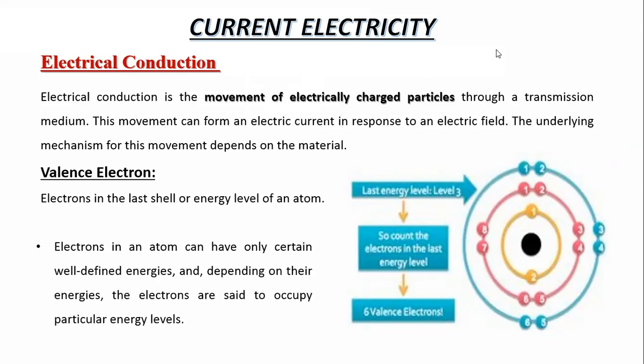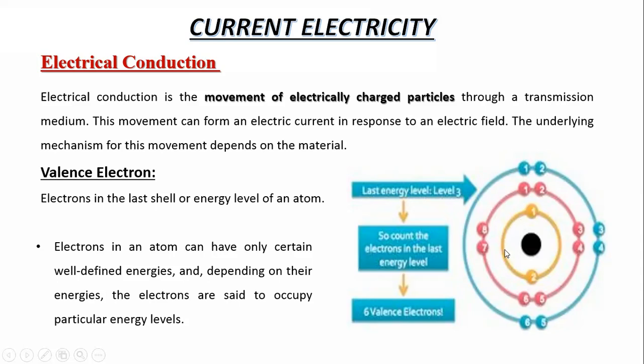Electrons in an atom can have only certain well-defined energies. This point was also discussed in the previous lecture. You have the first energy orbital in which we have 1 and 2 electrons. The energy level of these 2 electrons will be different from the electrons present in other energy levels.